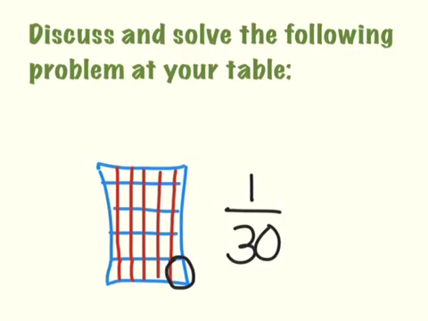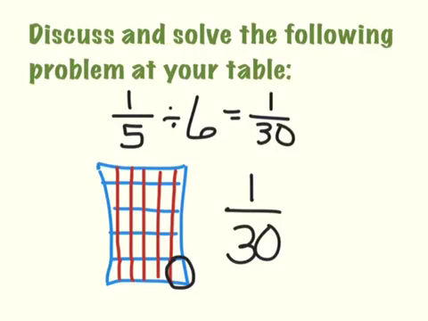Did you see what you did there? You really took 1/5 and you divided it by 6 and got 1/30th. You took 1/5 of a bag of candy and split it evenly between 6 people, and you got 1/30th as your answer.